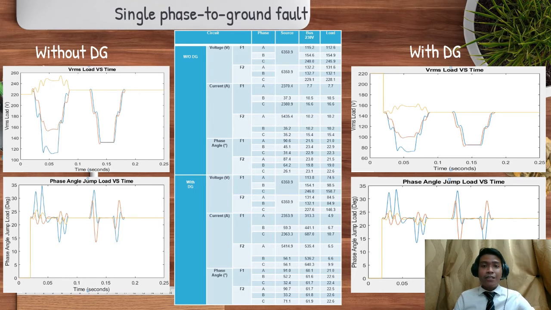In the second set, the voltage for phase A dropped from 131.6 volt to 84.5 volt. This shows the significant decrease of voltage when the DG is installed into the distribution system. The current of the system with DG is reduced to 10 amp. Meanwhile, the phase angle without DG is around 20 degrees on average, and when the DG is connected the phase angle remains the same.